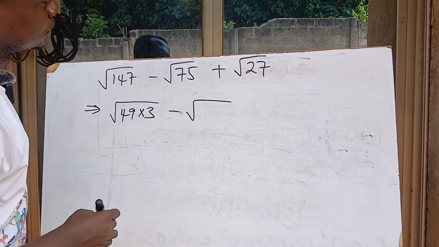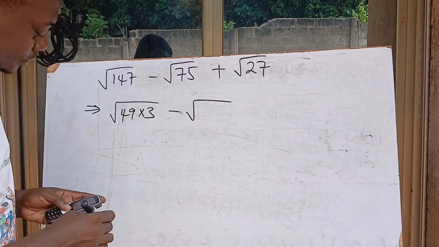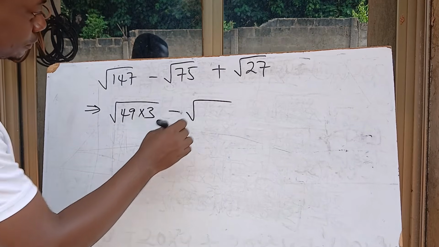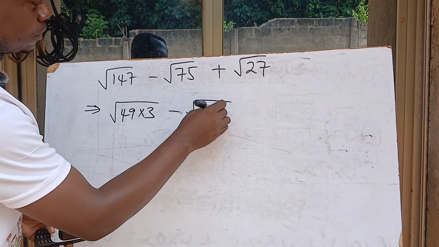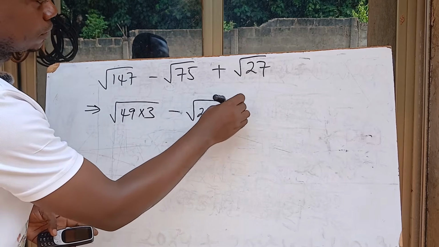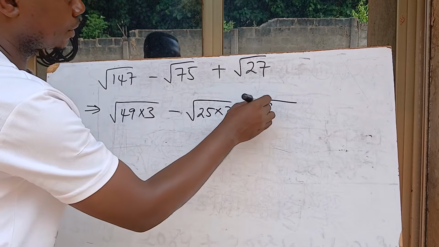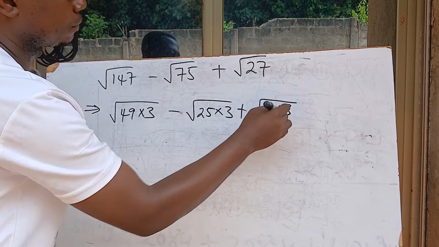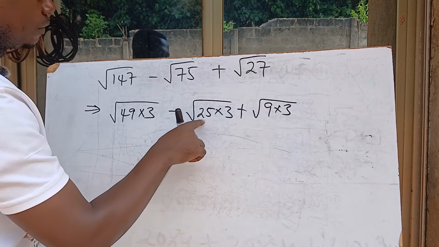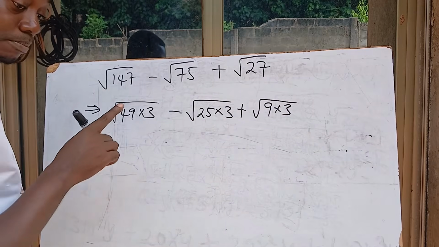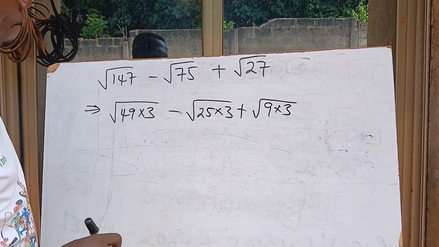And then 75 will be 25 times 3, and 27 is 9 times 3. 9 is a perfect square, 25 is a perfect square, and 49 is a perfect square. Be very careful with that.